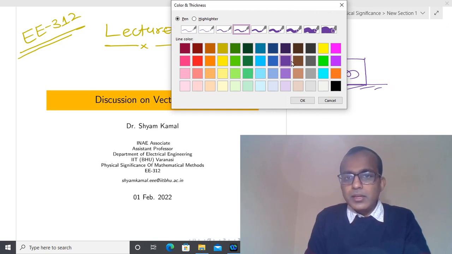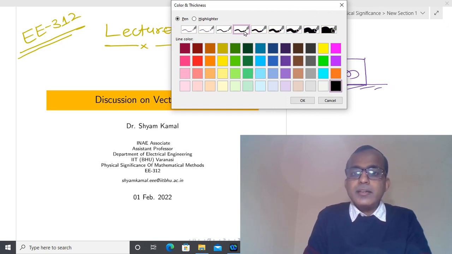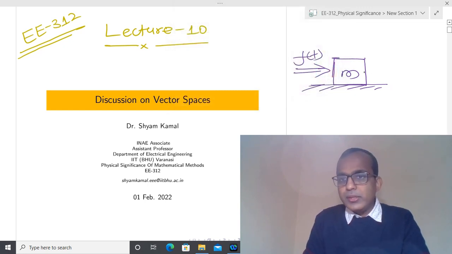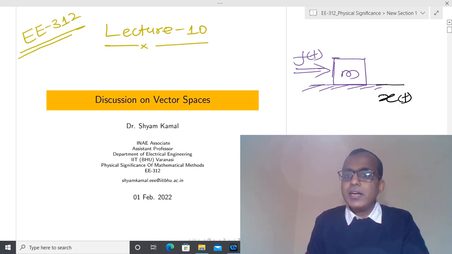Now what we have to do, I have to assume something. What kind of assumption are we actually making in this particular lecture? I am assuming that this mass is moving in this one-dimensional plane, and I am recording the position x(t). I have some method to measure the velocity also, and after that we will come up with this mathematical model.